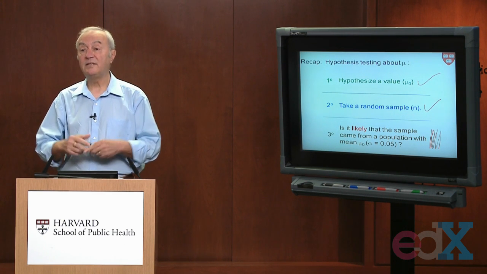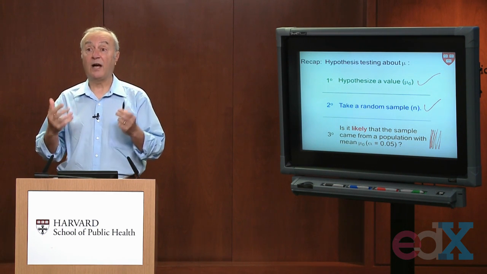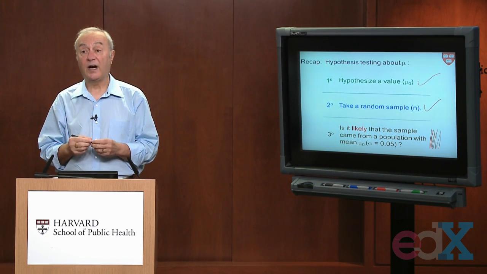We don't want to reject it 95% of the time, say. Or we only want to run a risk of alpha of 0.05, for example. That gives us a 5% chance of making this mistake, rejecting this null hypothesis when we shouldn't.